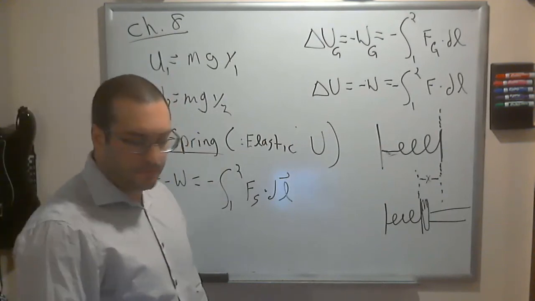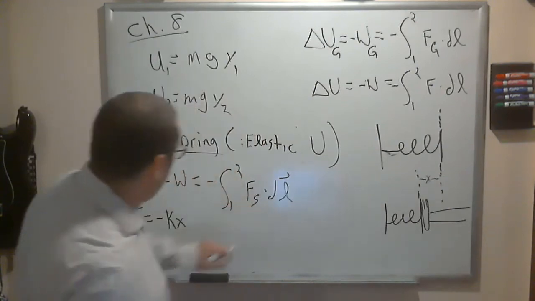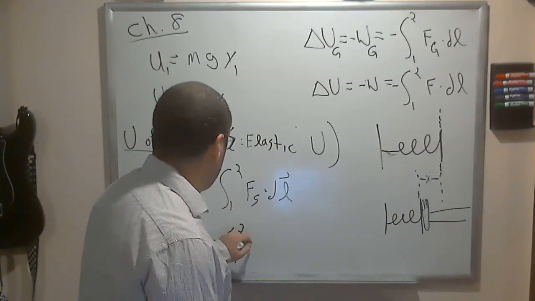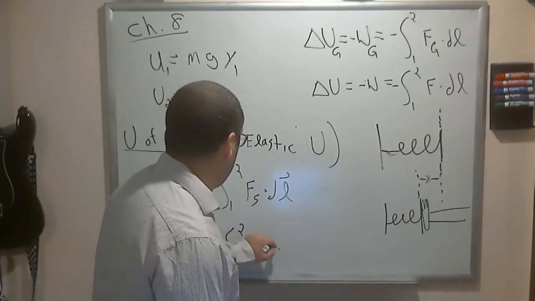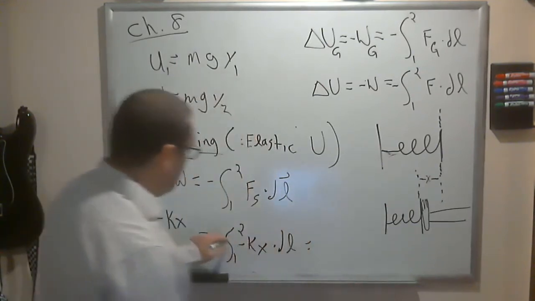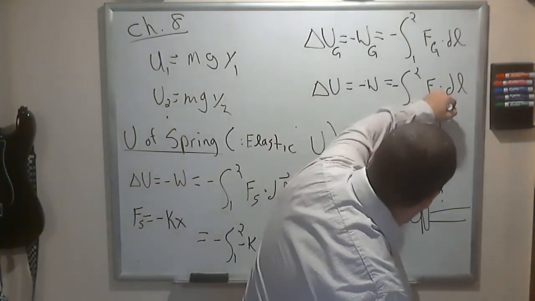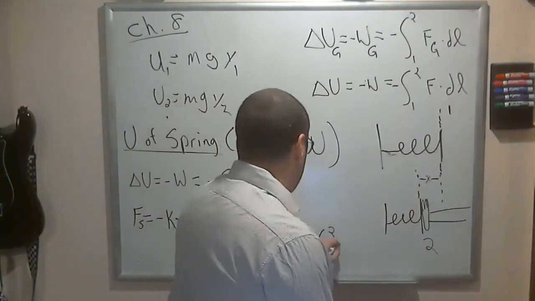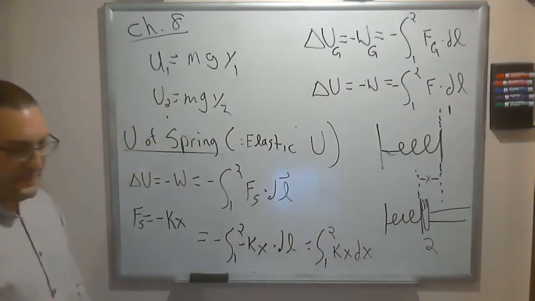So now we have this. Let's plug it in. kx times dl. This is all in one direction. The negative signs cancel out, and then we get, let's say this is position 1 and this is position 2, x dx, right?